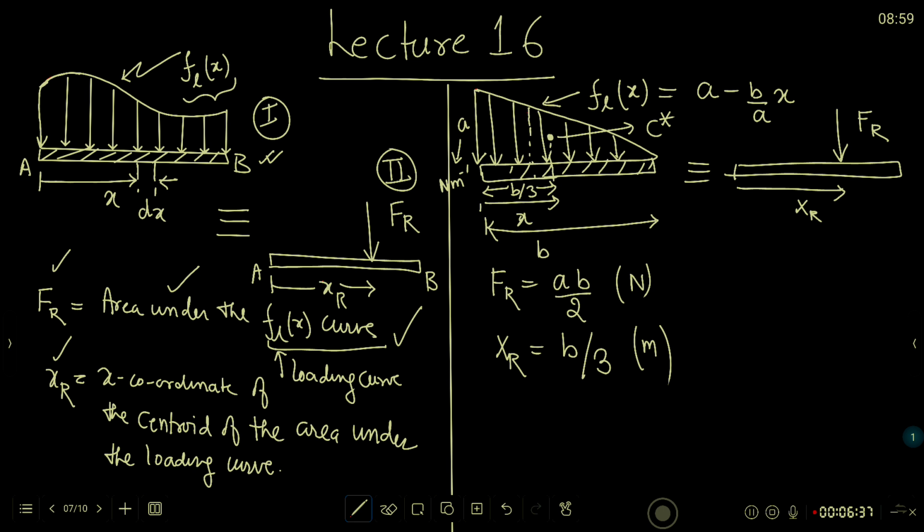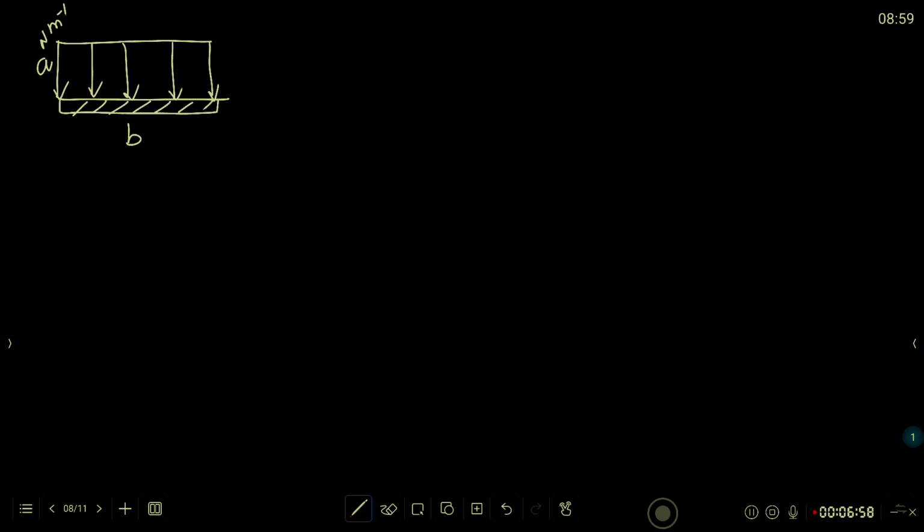If we consider one more example in which the loading curve is uniform, right, and let this be A Newton per meter, the length of the body is B. I can replace that by one single force Fr at XR.